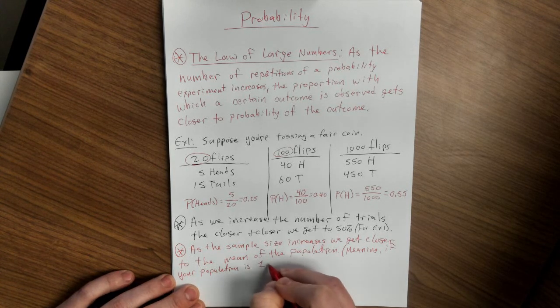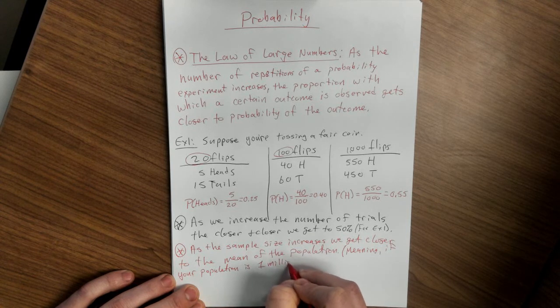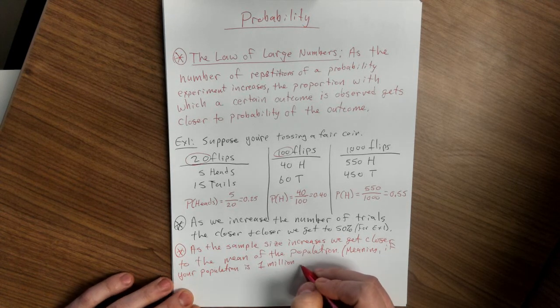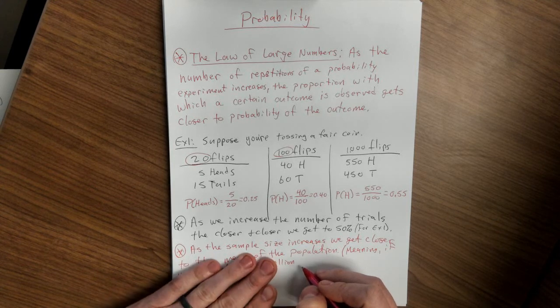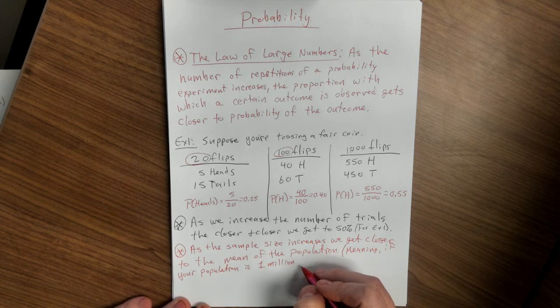is 1 million, and it could be observations, etc. It could be anything. Here we're talking specifically about a sample that we took from a general population of 1 million.